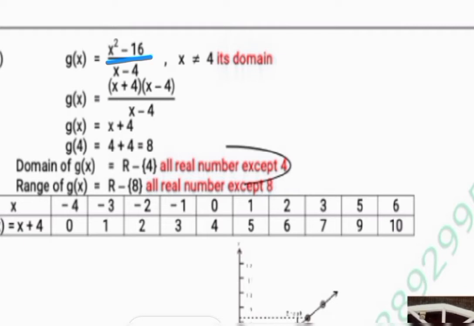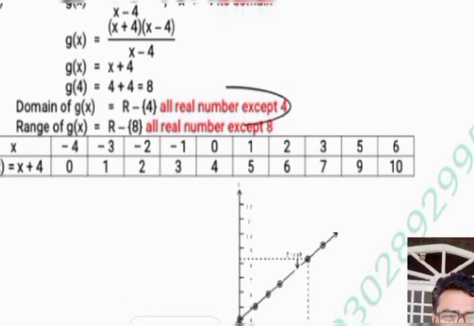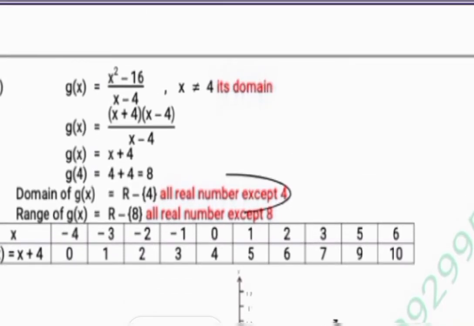So x square minus 4 square, that is a square minus b square, where a is x and b is 4. So a plus b, that is x plus 4, and a minus b, that is x minus 4, and the denominator x minus 4 will be written the same. After applying the formula, x minus 4 will be cancelled and we have x plus 4.